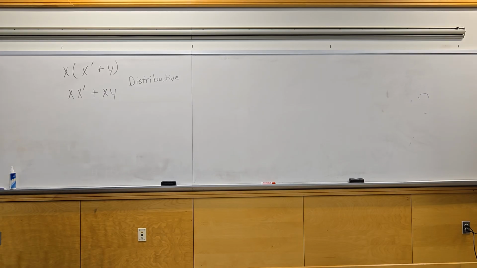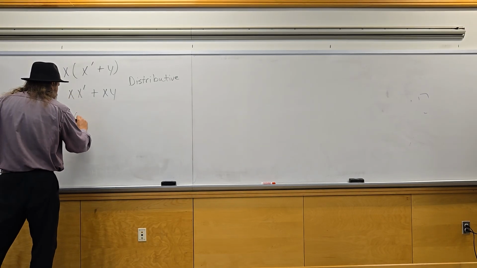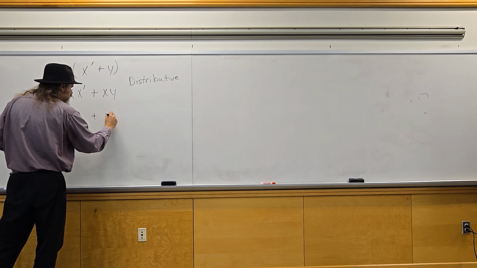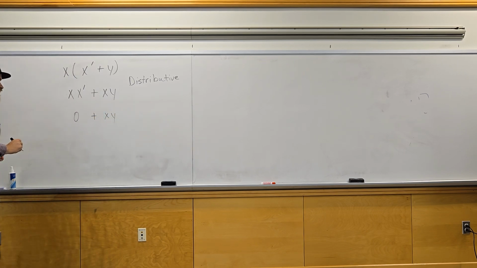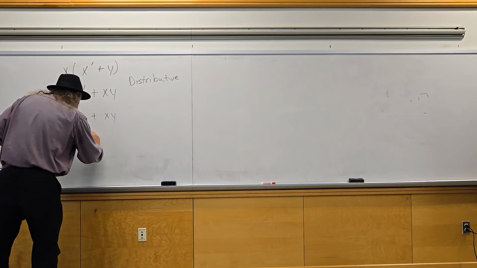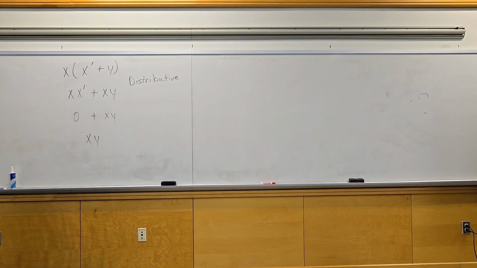And then x ANDed with its complement is always going to be 0, so this goes to 0, or x and y. And then 0 ORed with any value is that value, so it would be just x and y.